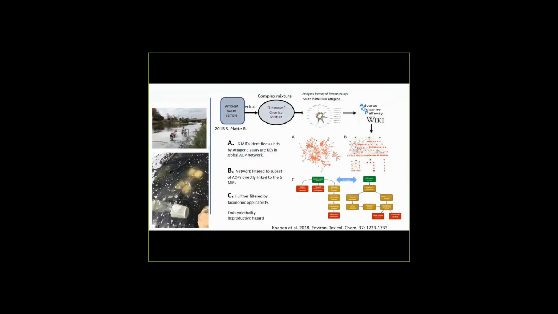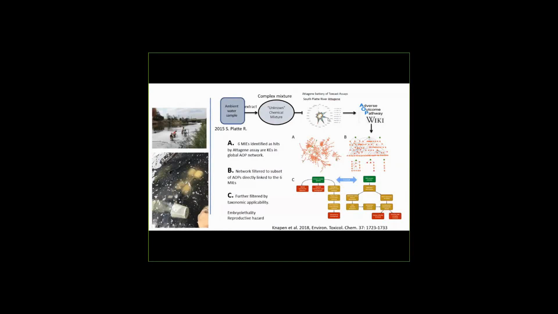An example of that was conducted on a site on the South Platte River. This is a site downstream of a wastewater treatment plant discharge. A water sample was collected, an unknown chemical mixture extracted from that, and that sample was then tested in the Attagene battery of ToxCast assays. So this includes about 80 or so different molecular level perturbations or pathway-based responses to that chemical.